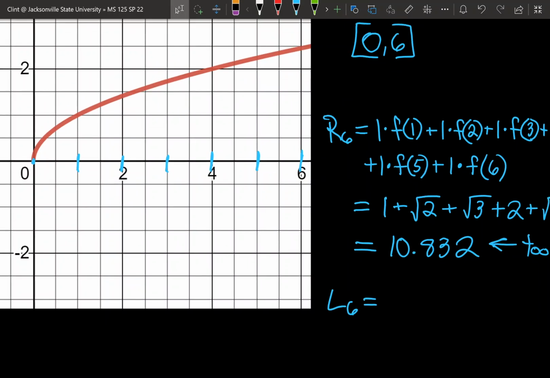So if we want the left endpoints to be on the curve, our first rectangle is going to be 0 tall. That is a little bit strange, but we still count it. Okay. And then our other endpoints will be at these values.